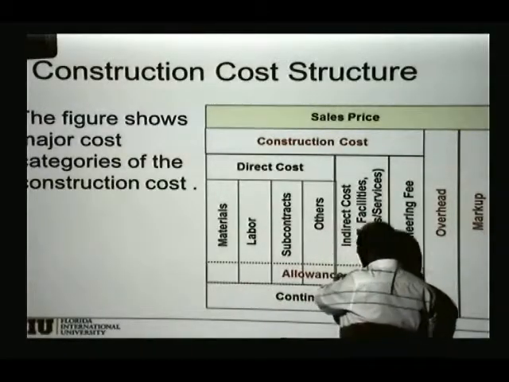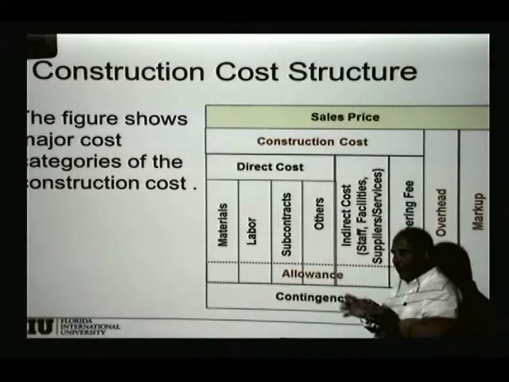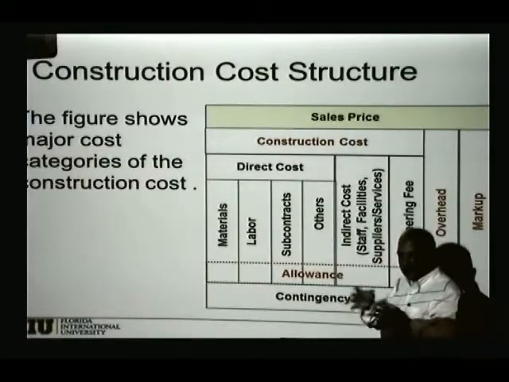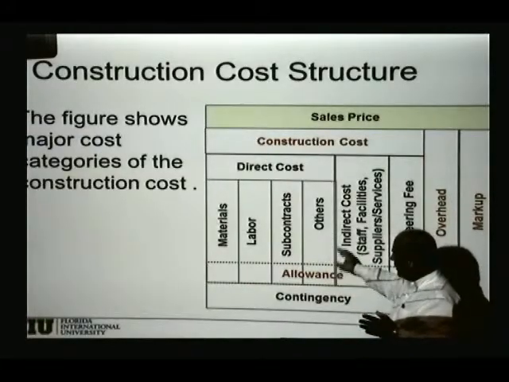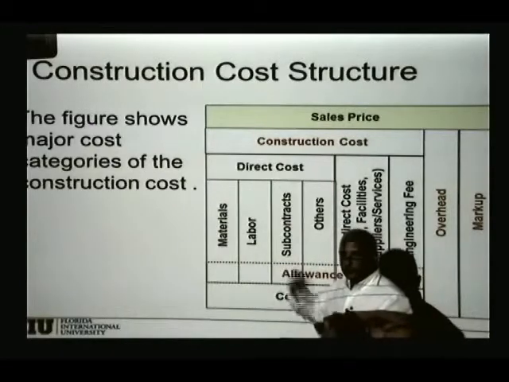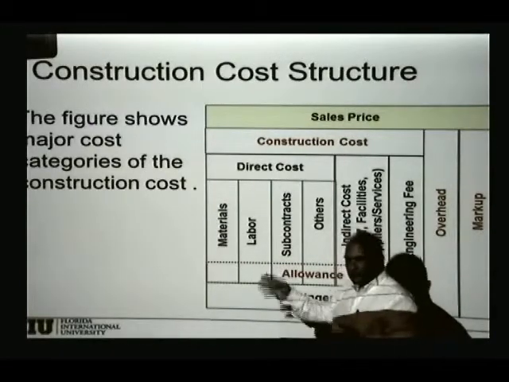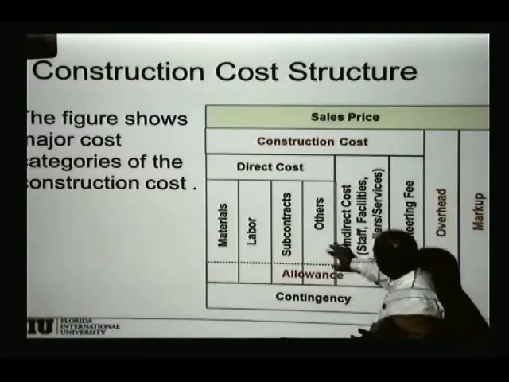Maybe the architect has an allowance. This is for items that are not really clear at the beginning of the project. So then they say, well, we're going to set up an allowance for tables of this much, and then when we decide what type of table it is, we'll use the right number. So that is included into your direct cost.